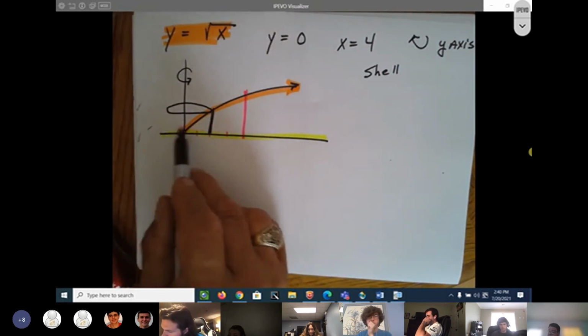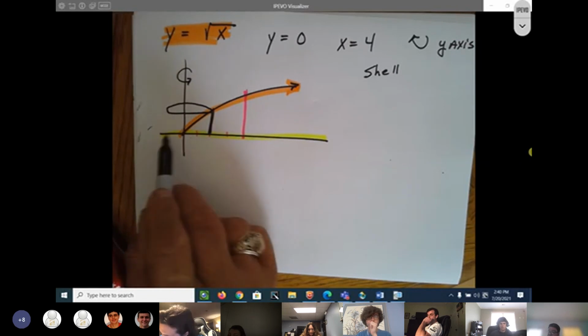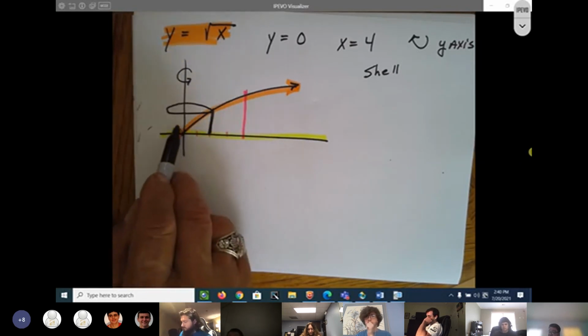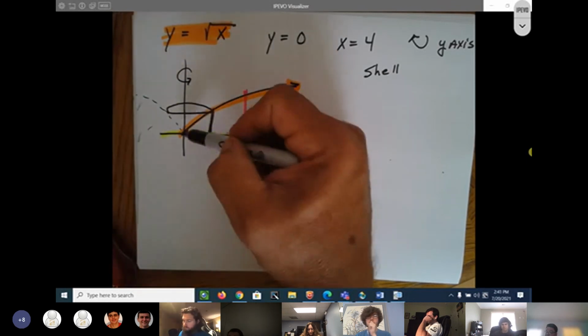And it's going round and round and round and causing all these cylinders. These cylinders are going to look like this, and of course, it's going to be looking like this all the way around.